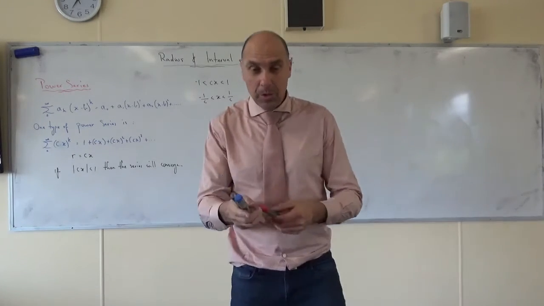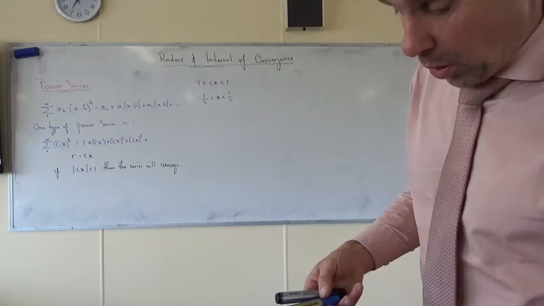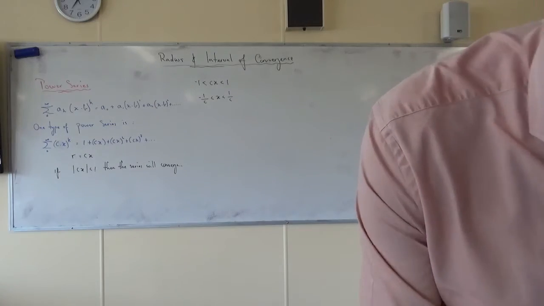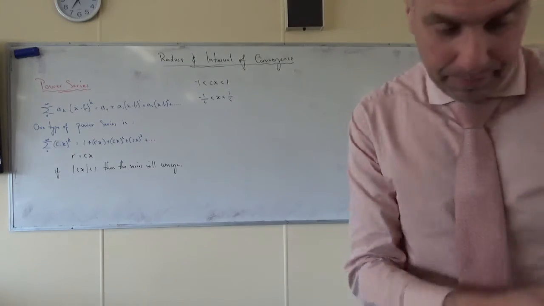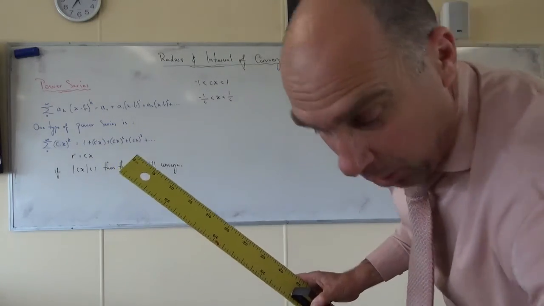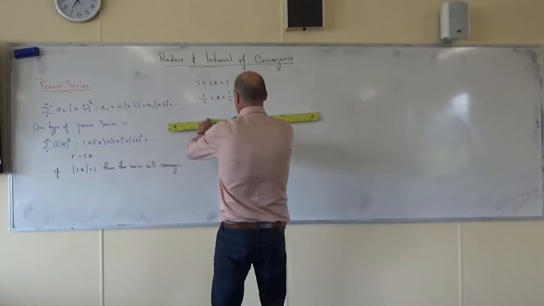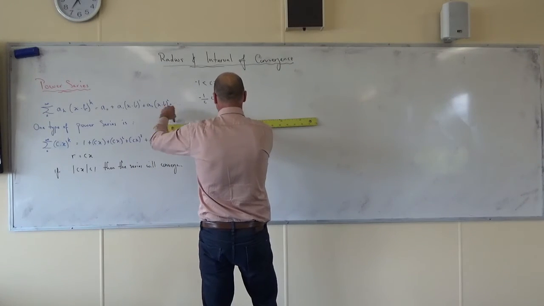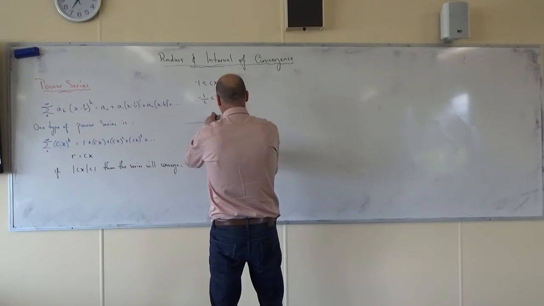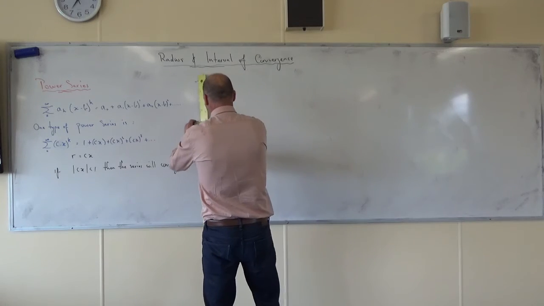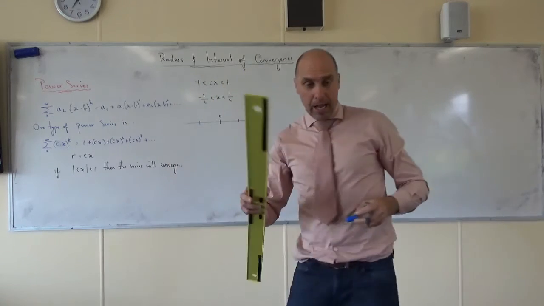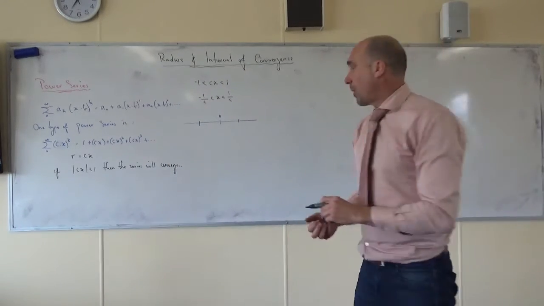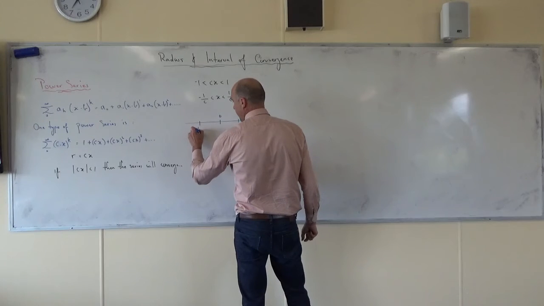So if I was to draw just a line graph of that, a number line, this is 0, and there, for arbitrary sake, is minus 1 on c and 1 on c.